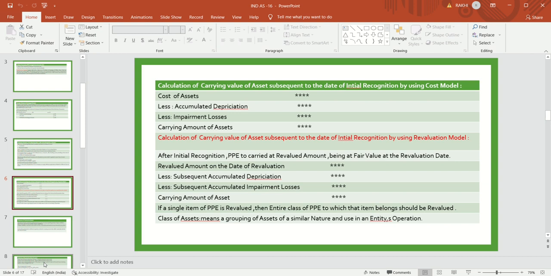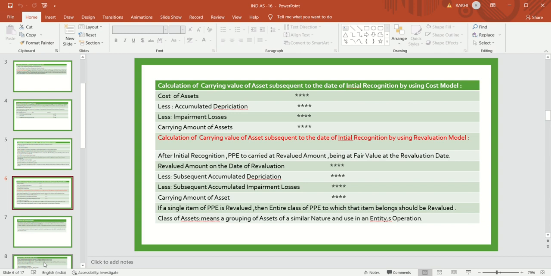And if there is no such frequent volatility in the value of the asset, then there is no need of frequent revaluation. But if there is a lot of volatility in the asset, suppose, just as an example, the company wants to purchase a land.